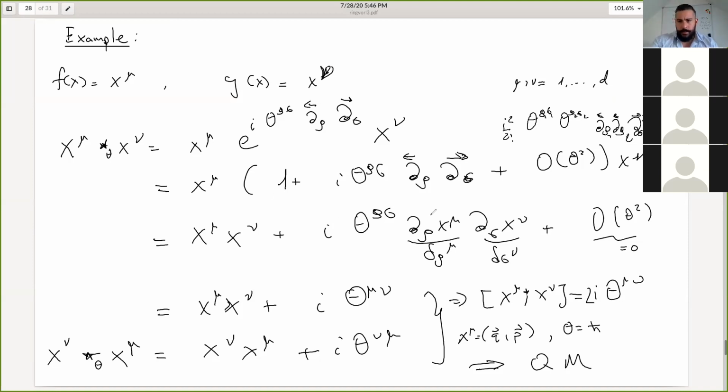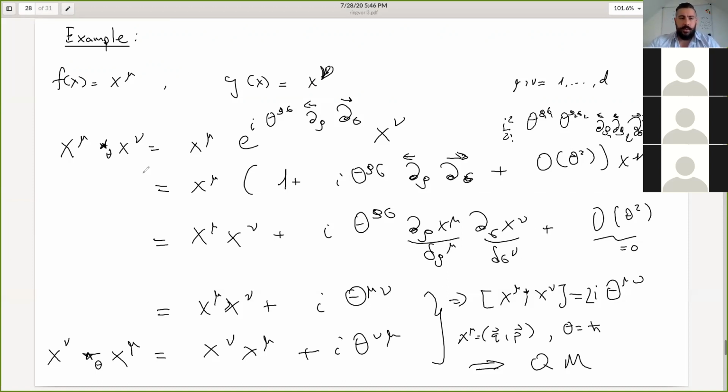The point is that, okay, the first one is just x mu times x nu. The second one is i theta rho sigma. And now I do the derivation of x mu. The derivation of x mu with respect to rho is delta rho mu. It's just the Kronecker delta. And then here it's delta sigma nu. And the second-order term is equal to 0 because the derivative of a constant delta is equal to 0.